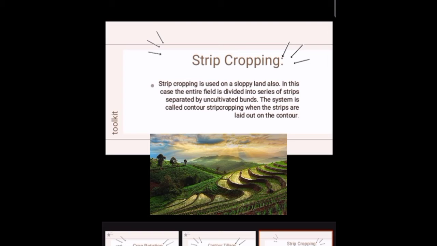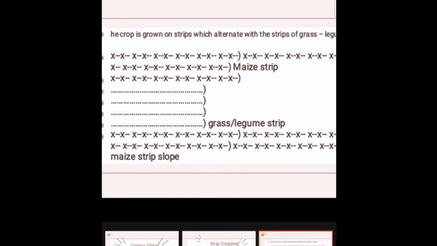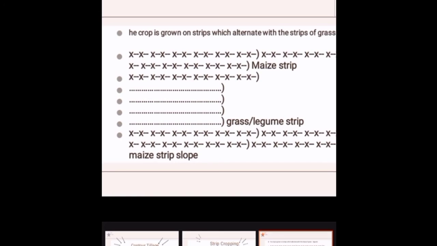This crop is grown in strips which alternate with the strips of grass. This is the example of legume. This is the main strip right here.